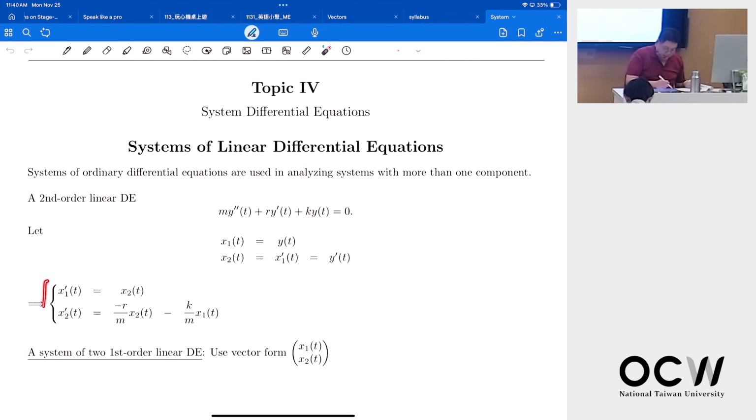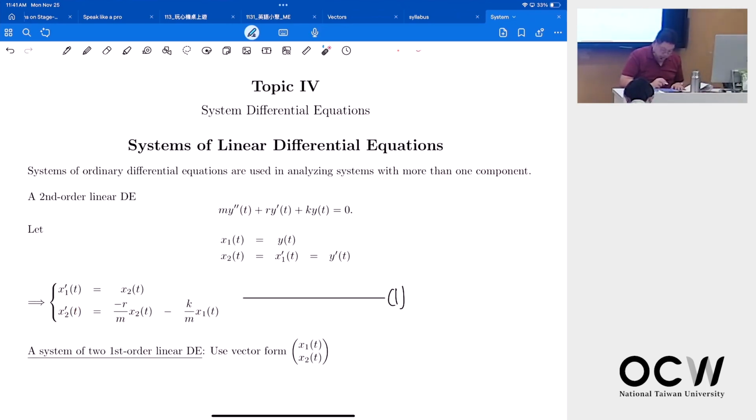Then we can write this differential equation in a matrix form. So let's say this is equation 1. Now we want to find the solution of x1 and x2.